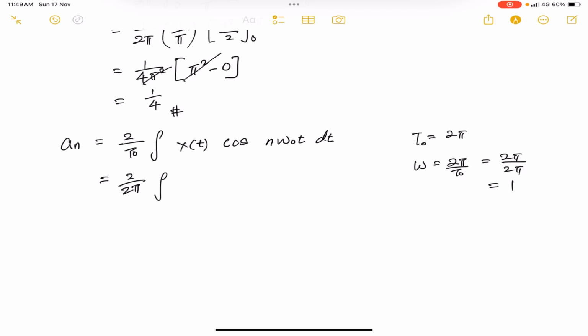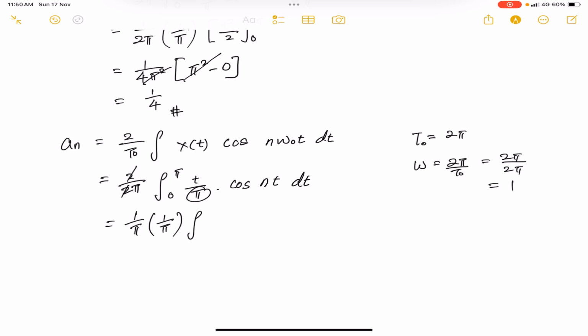Okay, and then from 0 to pi, we have the value of t over pi, multiplied with cos n omega naught t, where omega naught is 1, dt. So cancel out, the left is 1 over pi, and then this pi we also can take out, so it's 1 over pi again.